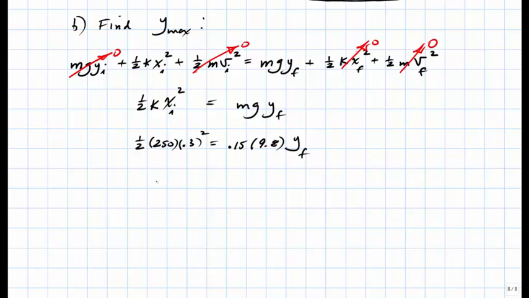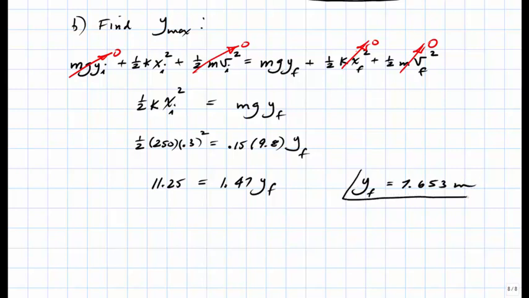The left-hand side, through the use of a calculator, just equals 11.25, and on the right we have 1.47 y final. If we divide both sides by 1.47, the final height equals 7.653 meters, and that, of course, is the maximum height reached by the ball.